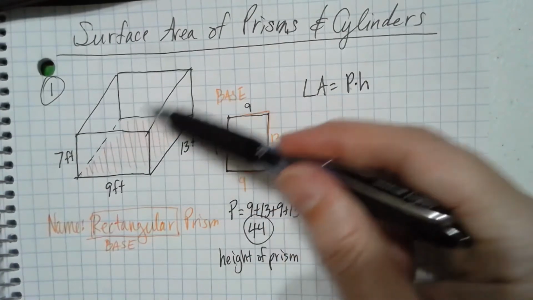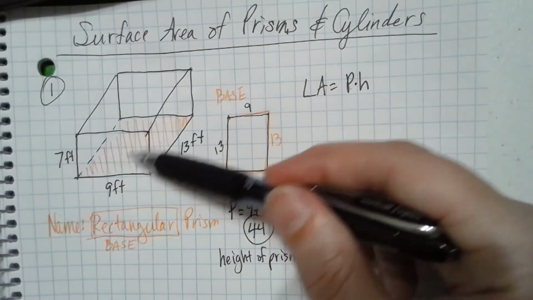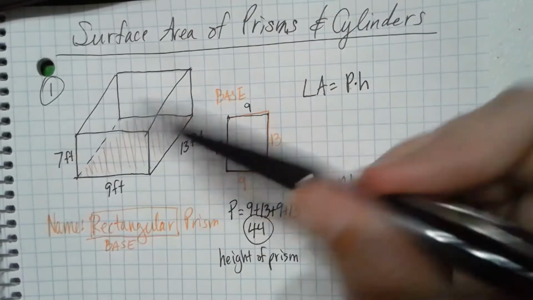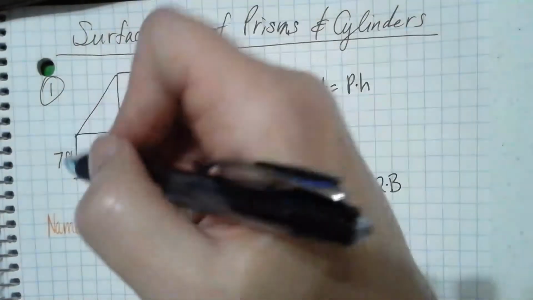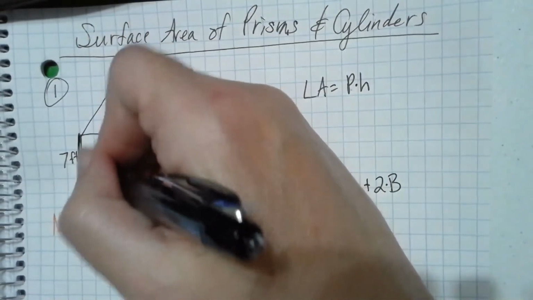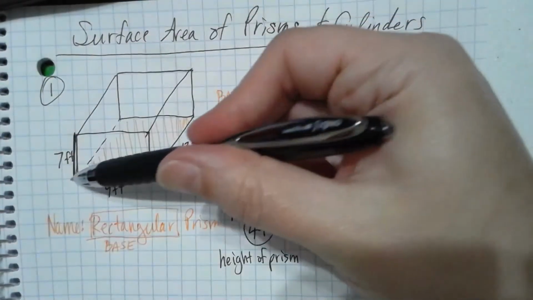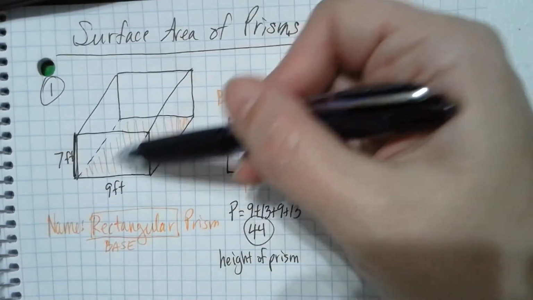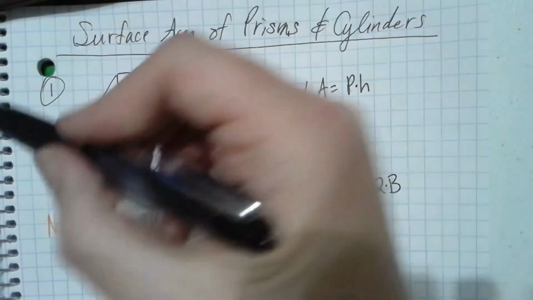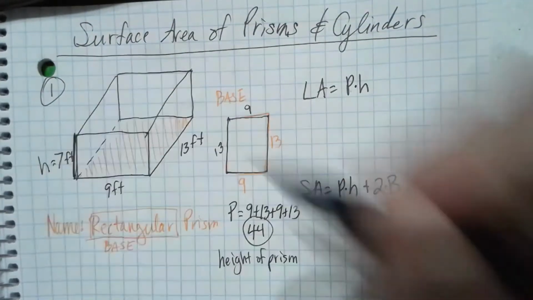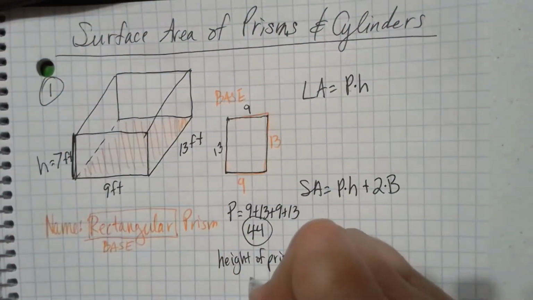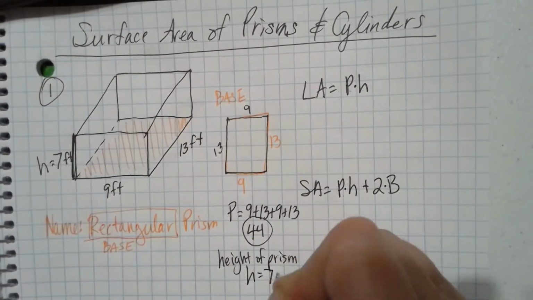Do you see how the parallel pieces appear on the top? This is the bottom of our shape to the top. So how far is it between the bottom and the top? This 7 is the line going away from the base that we have marked. So this 7 is going to be our height. H is 7.